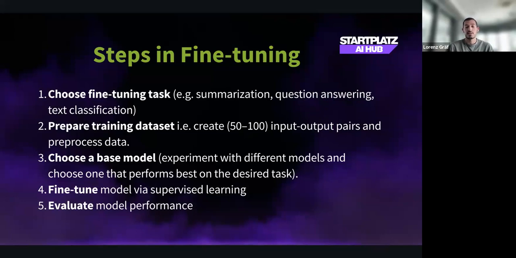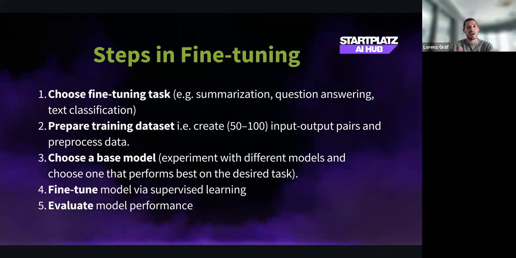OpenAI recommends that we use between 50 and 100 training examples or Q&A pairs to get a noticeable output difference between the normal model and the fine-tuned model. And by the way, 50 to 100 is a really low number of examples.